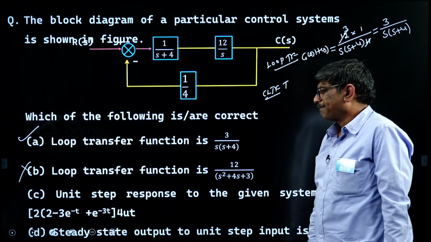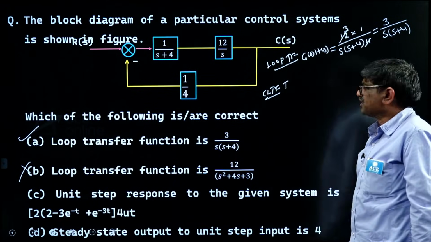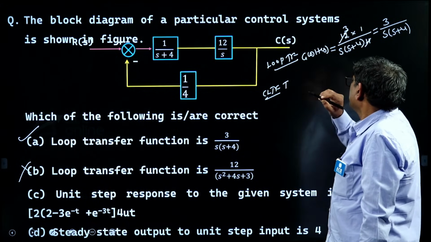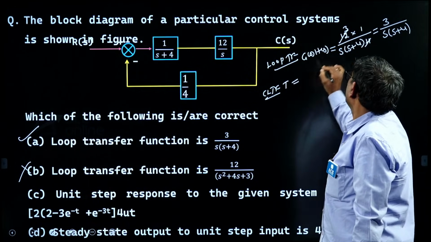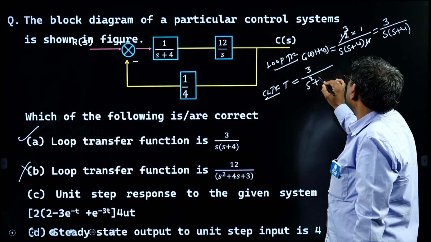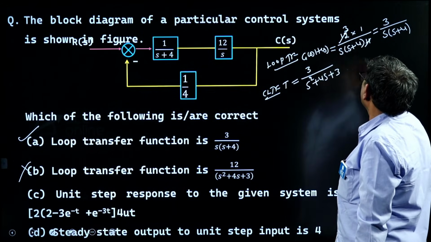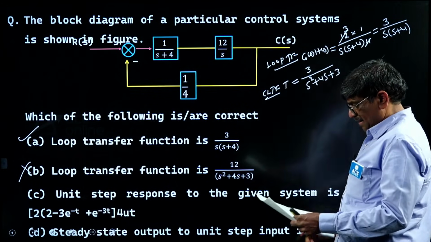Anybody answers? What closed loop transfer function are you getting? 3 by s square plus 4s plus 3? Just add the numerator term in the denominator?